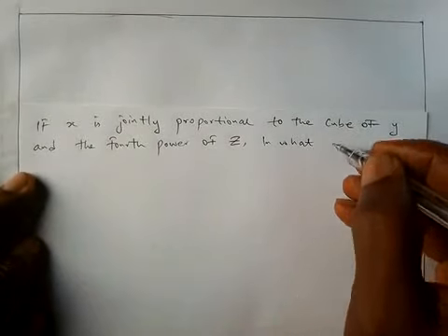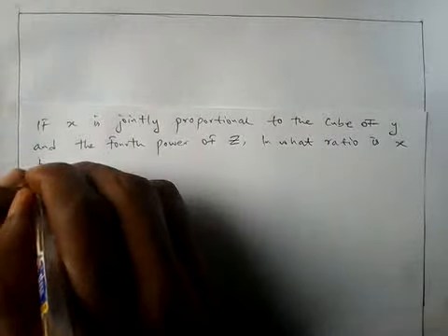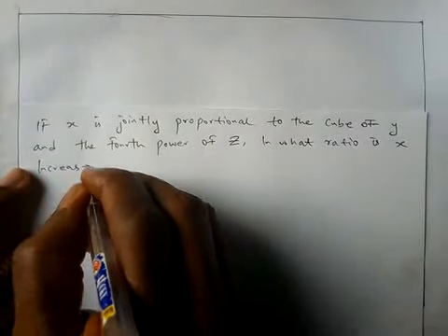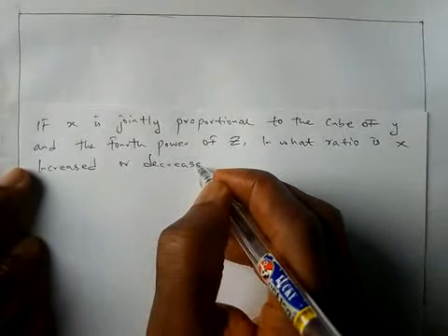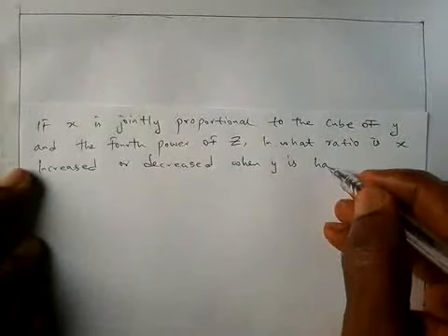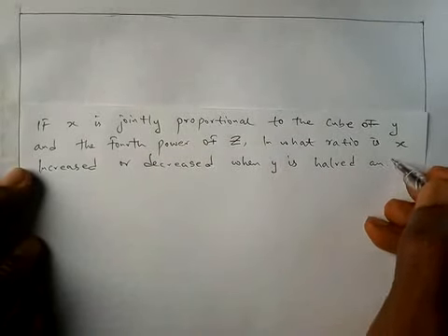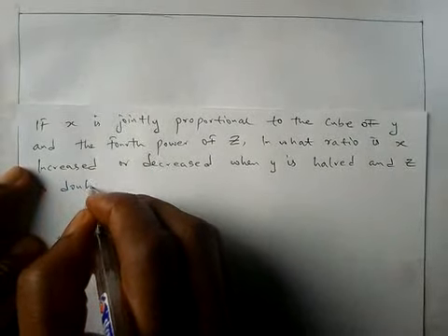In what ratio is S increased or decreased when y is halved and z is doubled?